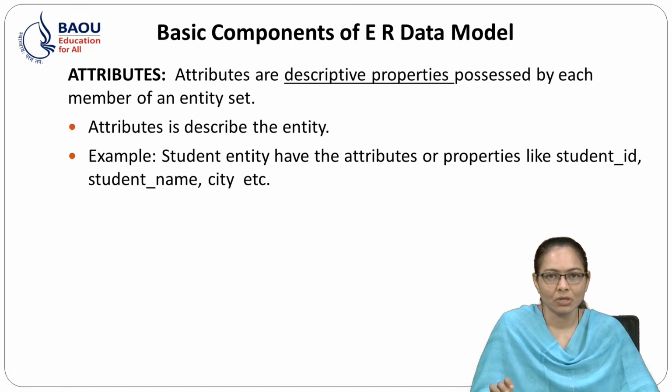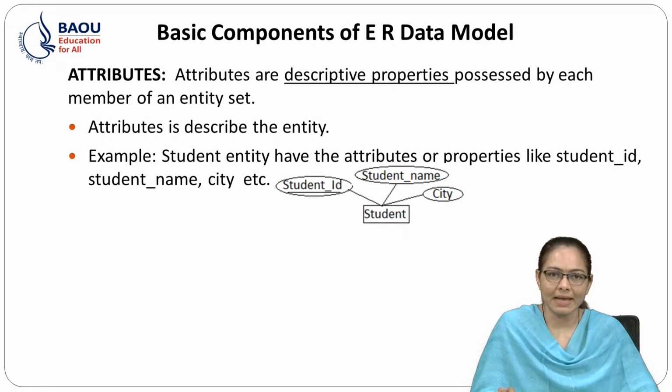For example, a student entity has attributes or properties like student ID, student name, city, etc. So, the student is described by these attributes. Here, we can see in the diagram, the student entity is represented by a rectangle and student ID, student name, city are the attributes which are used to describe the particular student, and they are represented by ovals.